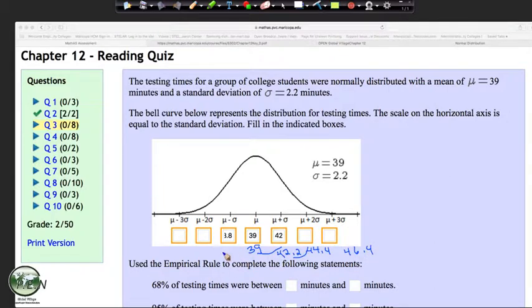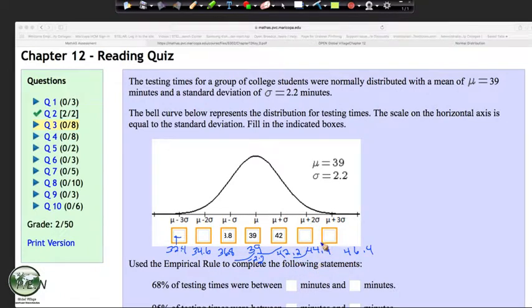And then the other way we're subtracting, so 36.8, and then 34.6. So we're subtracting 2.2, and then 32.4. Okay, so those would go in the box.